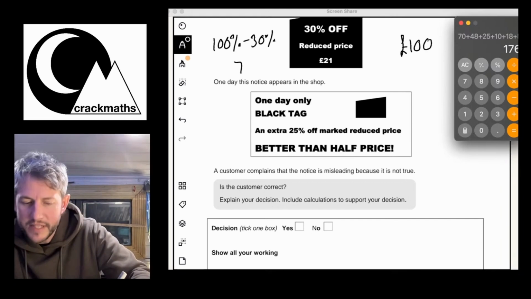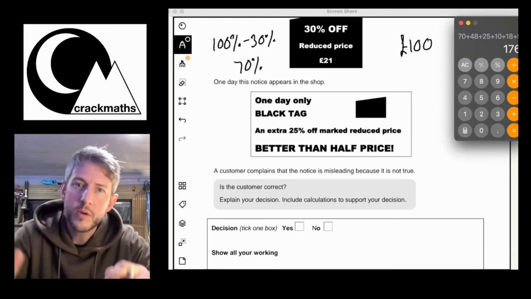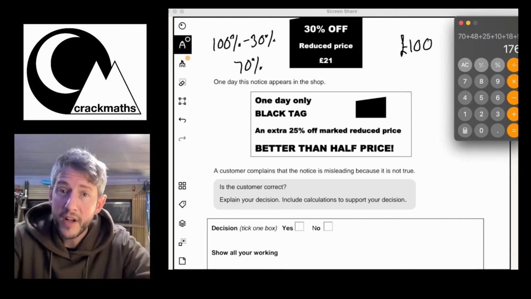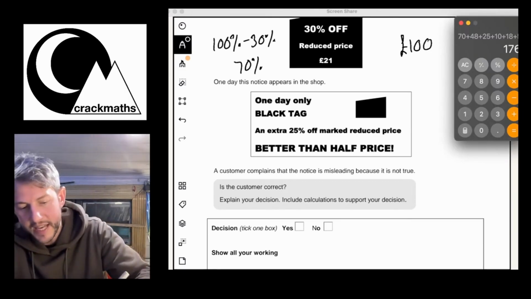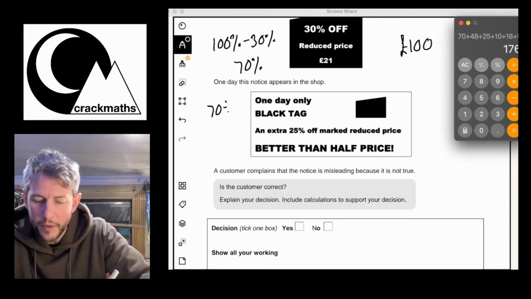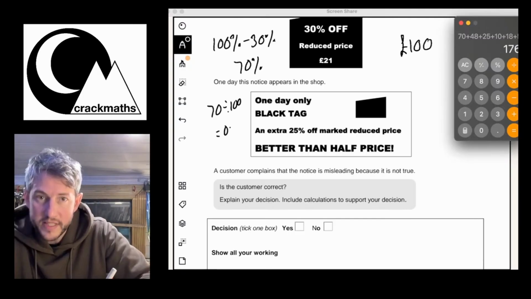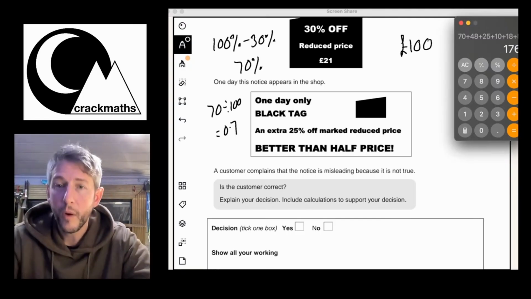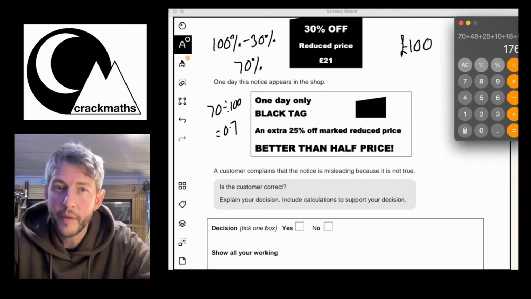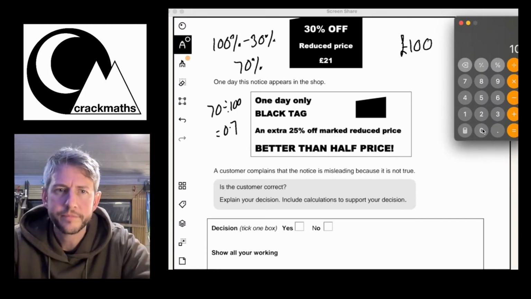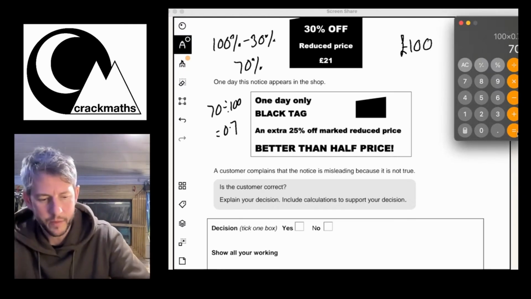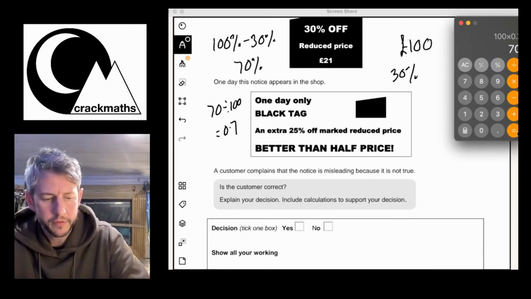So that equals 70%. So we need to turn the 70% into a decimal. So 70 divided by 100 equals 0.7. Now anything that I multiply by 0.7 is going to be reduced by 30%. So 100 times 0.7 equals £70.